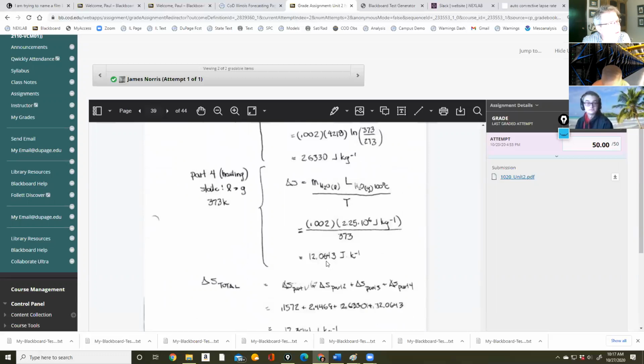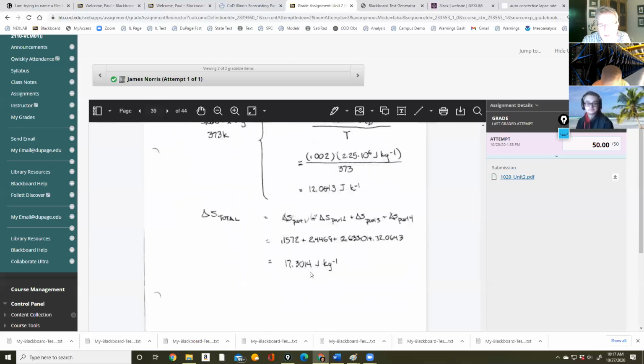Talk about an entropy increase, which comes out to be 12.06. You add them together and you get 17.3, depending on how many significant digits you put in there. If I were to give you a test, I'd give you one just like this, because that's straightforward. You should be able to do things like this.